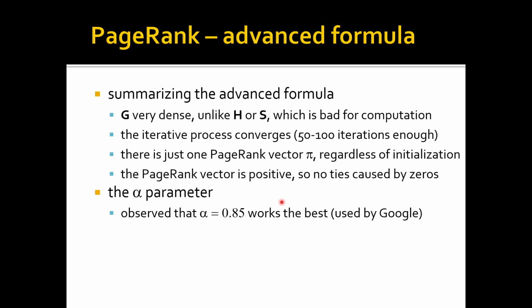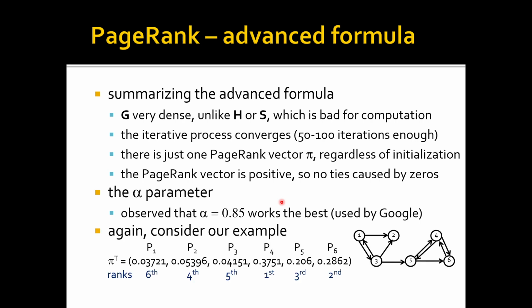And if we return back to our example, we basically get the final page ranks after a number of iterations, and we get these page ranks for all of the pages. So the winning one is 4 with 0.37.